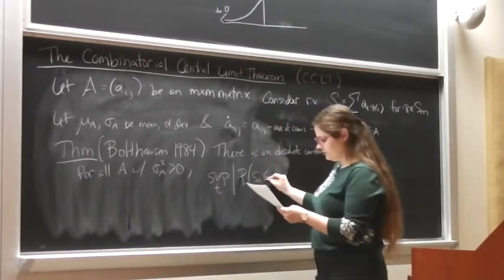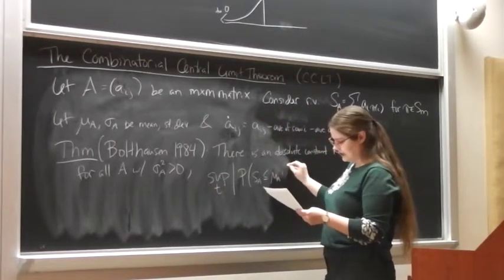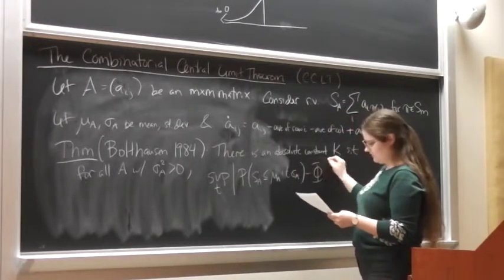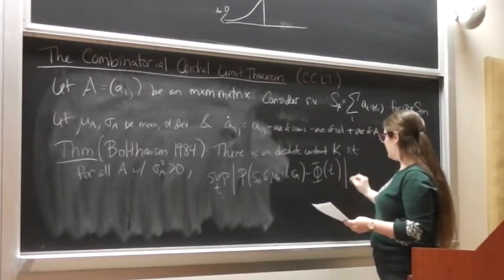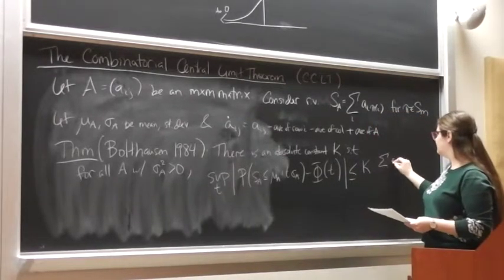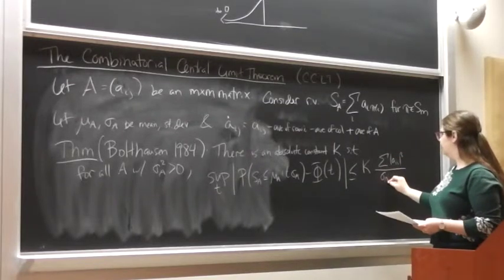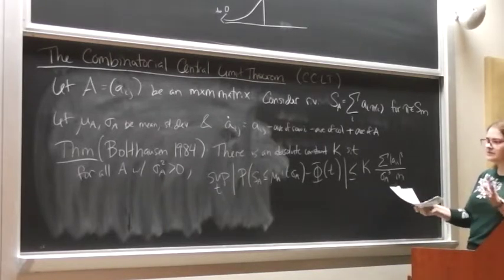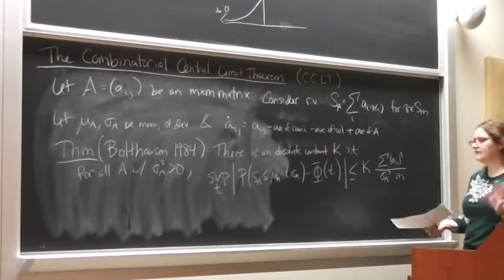We're going to look at that cumulative normalized thing again, compare it to capital Phi, and our bound here is going to have K. It's going to have those A_ij dot thingies and the standard deviation and the size of the matrix all in it. This is a precise statement for any matrix of any size.